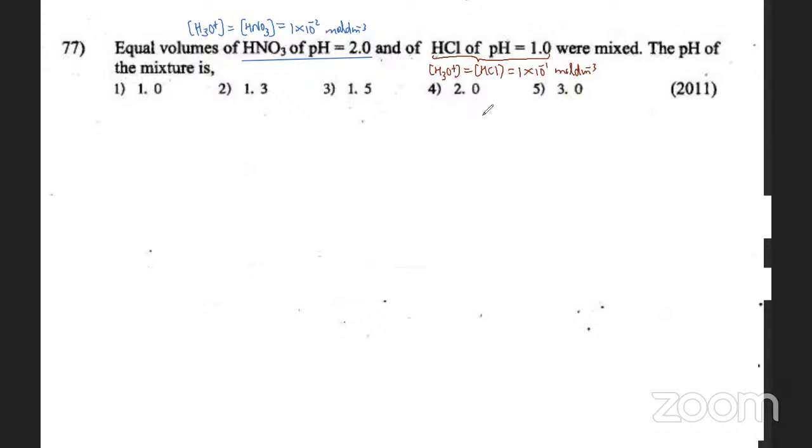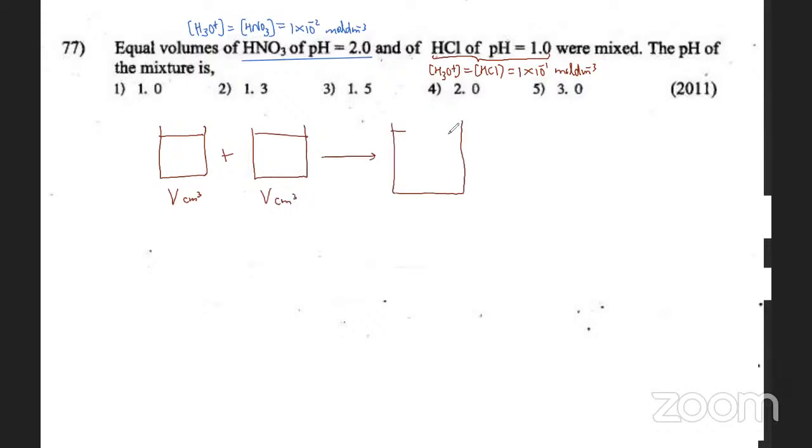Likewise, we discussed around 7 to 8 cases. So this is one of those cases. Here they are mixing V volume of HNO3 with V volume of HCl, so the resulting solution will have 2V volume, 2V centimeter cube. Remember that.